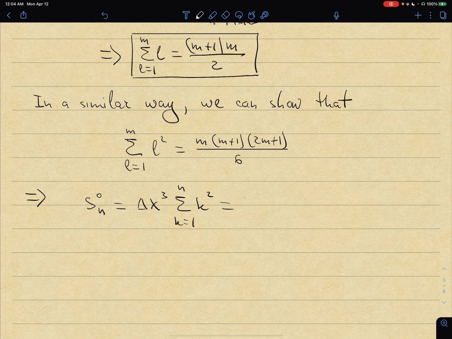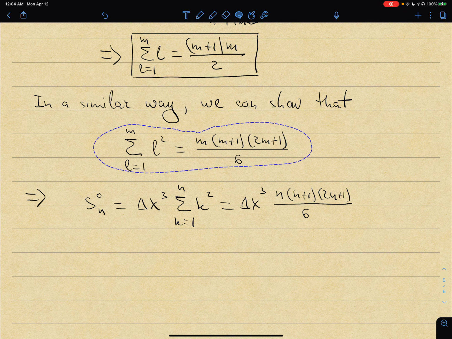So this is delta x raised to the third power, and the sum of k squares from 1 to n will be n times n plus 1 times 2n plus 1 divided by 6. One way, in fact, to show that this formula is valid is, of course, by using induction, right?